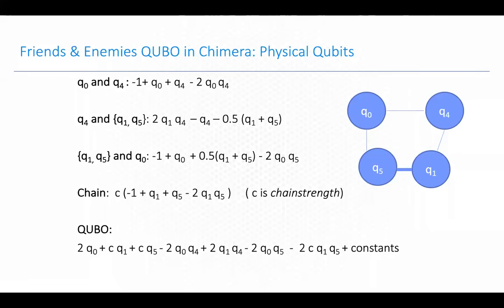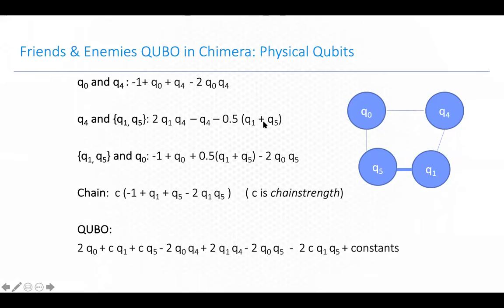Generally, you do not have to do this. There is software that will take care of this step for you. But in this case, I want to run it through because I want to show you what happens mathematically. Q0 and Q4 have a straight up relationship with each other. And then Q4 and Q1 and Q5, notice that they're sort of bundled together in the notation. They basically have that relationship from the previous slide.